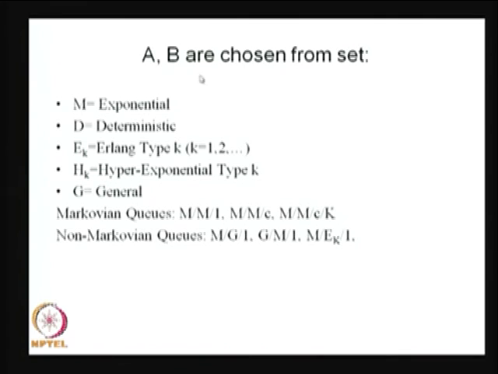So these are all the possible values for A and B, whereas the third one is the number of servers in the system, the fourth one is the capacity of the system, and the fifth one is the queuing discipline. The default discipline is first come first served, therefore no need to write the fifth information. The sixth information is the population of customers entering the system.